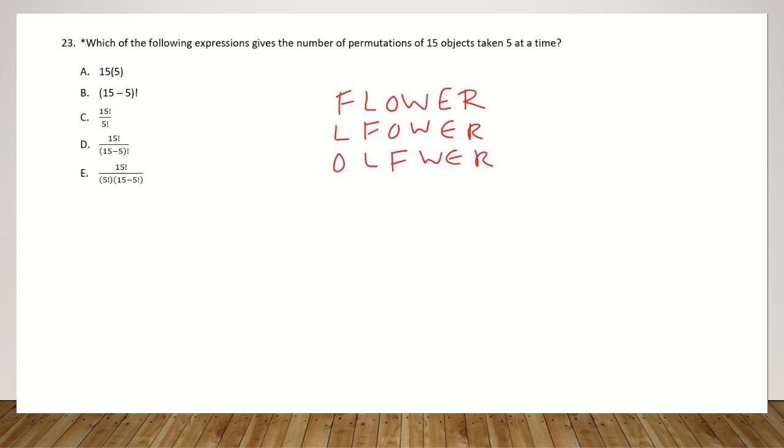And then what we're doing here adds on another layer. It's permutations of 15 objects, and we're taking them 5 at a time. So it's sort of like if you're giving out candy and you have a basket with 15 candies in it, and you're telling the kids you can each take 5, right? It's 15 objects and you're taking 5 at a time, all right?